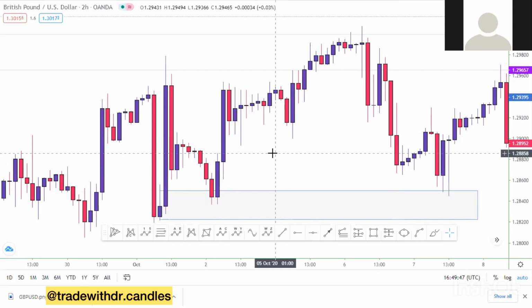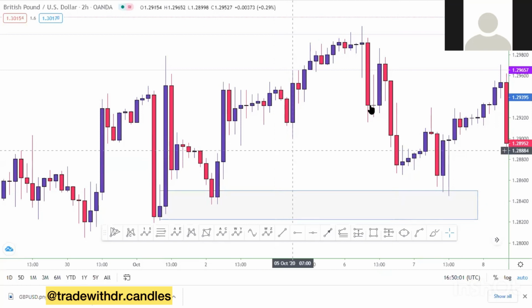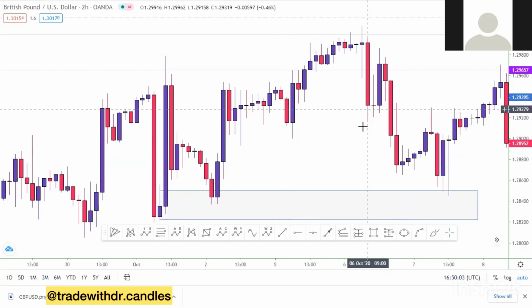Another thing to take note of is that the higher the move, the higher the potential of the wick getting filled. And the longer the move, the longer the potential of the wick getting filled. Also, you have to take note of one thing. It is not always that the wick has to fill completely, like we see here. Sometimes it may fill halfway, other times it will fill fully.